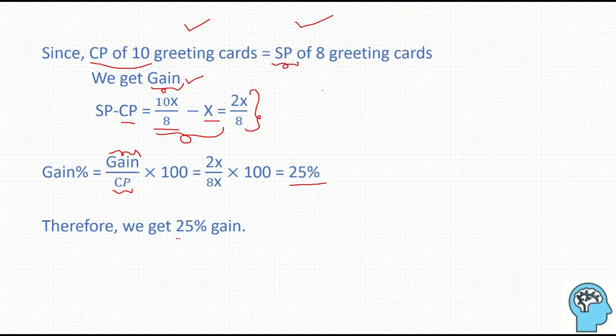Therefore gain is 25%. Okay. After seeing the problem statement itself, you should be able to predict if it is profit or loss. Okay.